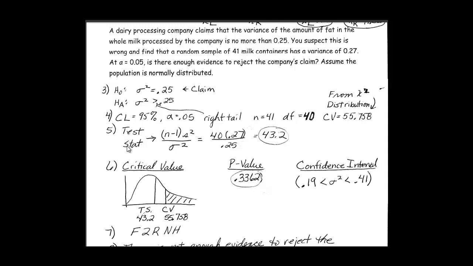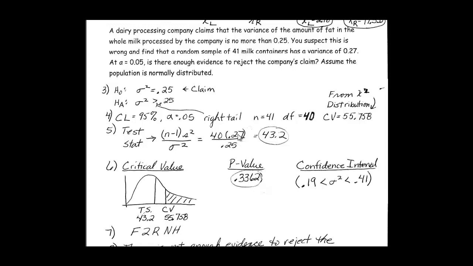Okay, setting up our test statistic, we're going to be using this formula: n minus 1 times our sample standard deviation squared, or you can look at that as our sample variance, divided by the population variance. So 40 times 0.27 over 0.25. Remember, your denominator is always going to be that population variance that you're testing.